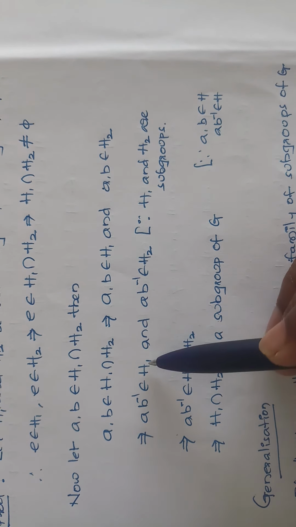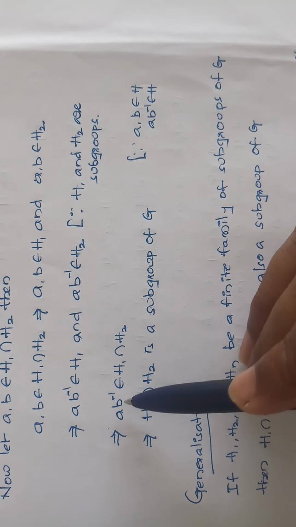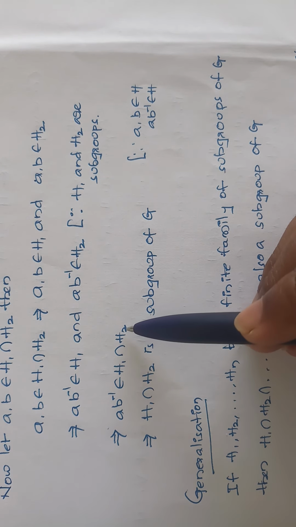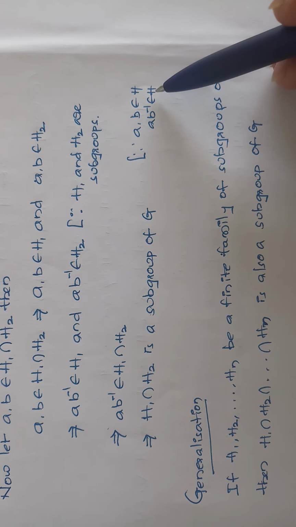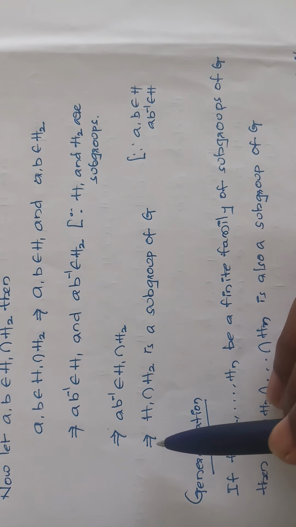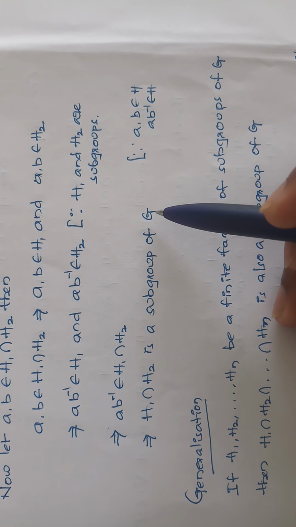So that implies that ab inverse belongs to H1 intersection H2. So that implies that H1 intersection H2 is a subgroup of G.